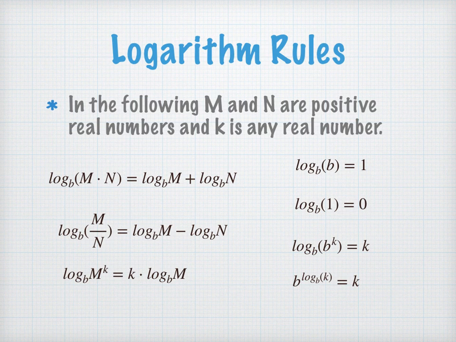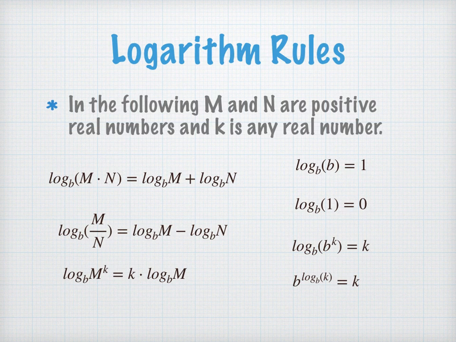So, some logarithmic rules that you need to keep in mind. First off, there's the product rule. Log base b of m times n is equal to log base b of m plus log base b of n. M and n are positive real numbers. Next, we see our quotient rule. The quotient rule is log base b of m divided by n.